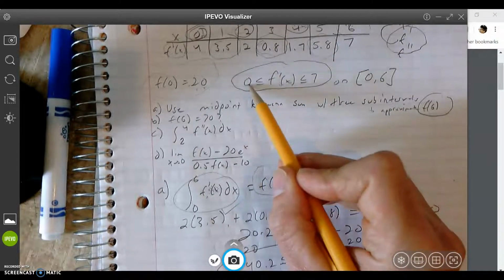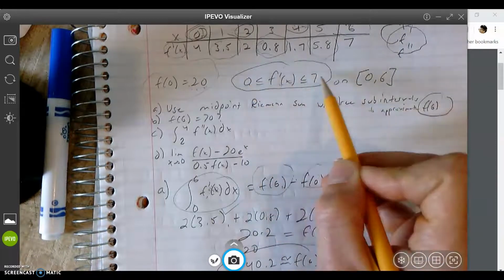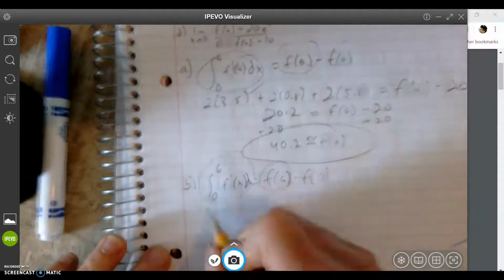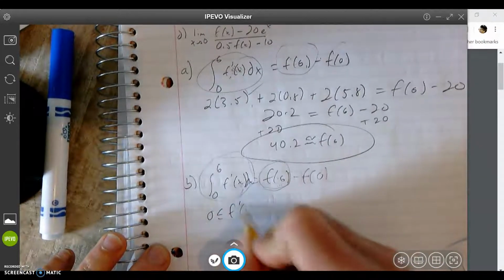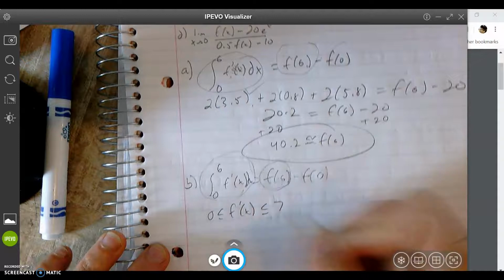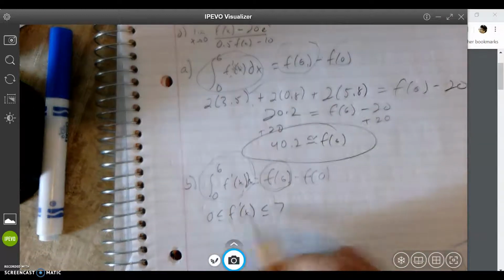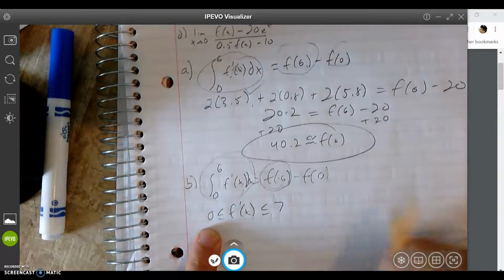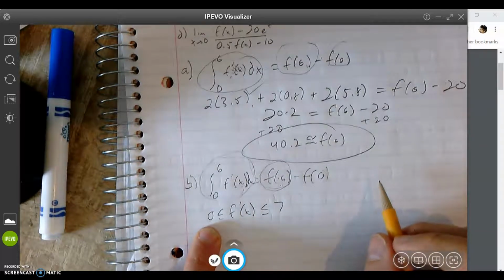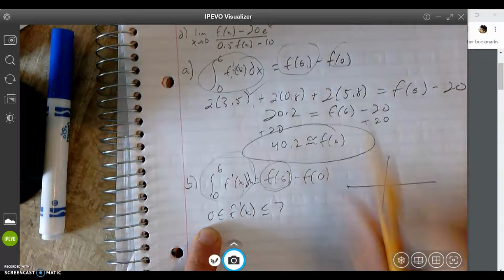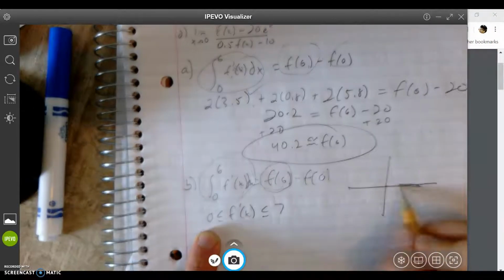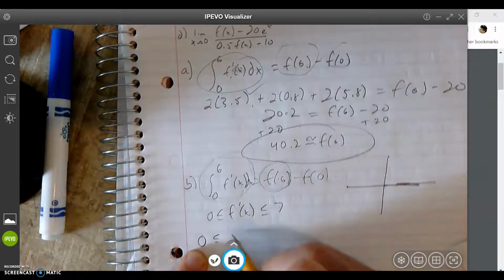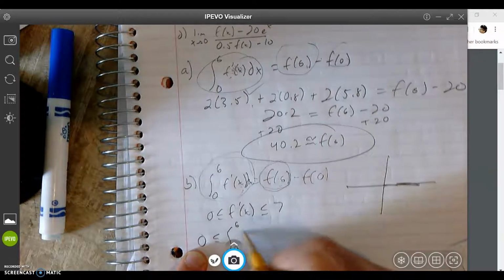So if I know the slope is between 0 and 7 at any point between 0 and 6, so that would mean that the minimum, if the slope is 0 the whole time, which it's not, by the way, then the area under the curve, which is this, right?